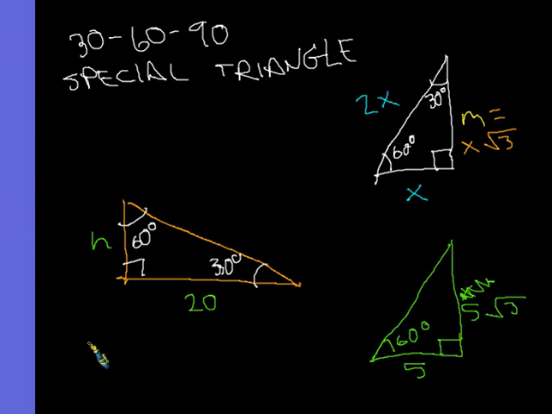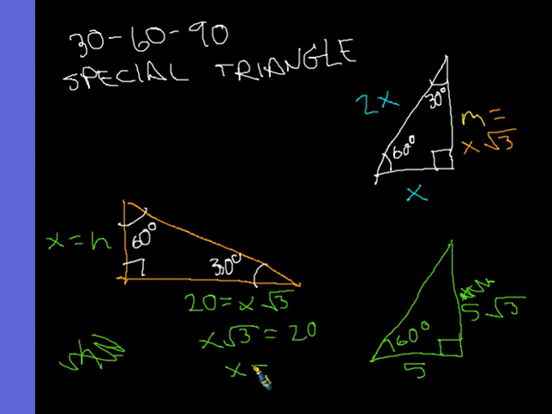Well, this would be equal to x times square root of 3, and this is normally x over here. So we say our height must be equal to, let's see, we'll solve this equation: x root 3 equals 20 is the same as x equals 20 divided by root 3.